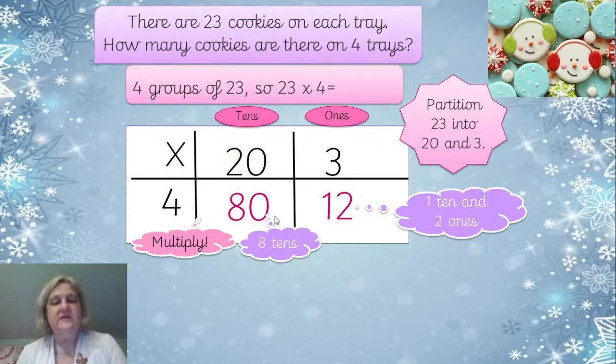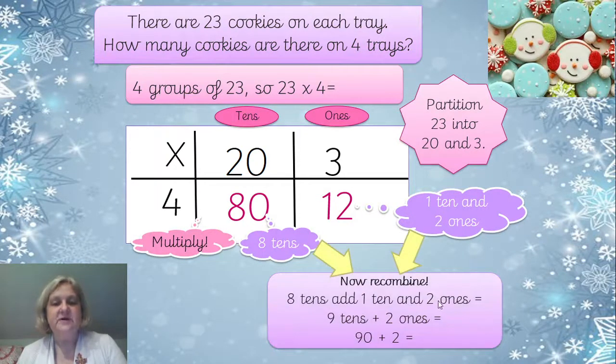So we're thinking of the 12 as 1 ten and 2 ones, and the 80 as 8 tens. And when we add them back together and we recombine them, we've got 8 tens and 1 ten is 9 tens. And then we've got the 2 ones here, so that's 9 tens and 2 ones is 90, add 2 is 92. And then we must remember to pop that back up into our number sentence to complete it.